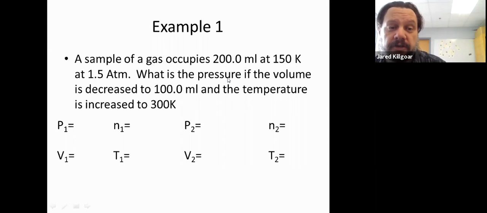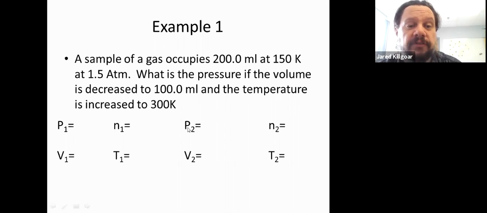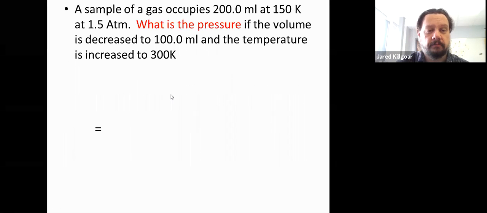I want to find a pressure if the volume is decreased to 100 milliliters, a second volume, and the temperature is increased to 300 Kelvin, a second temperature. So I'm talking about changing my initial conditions. I'm changing my initial volume from 200 milliliters to 100 milliliters, and I'm changing my initial temperature from 150 Kelvin to 300 Kelvin. So let's start to fill in some of these boxes here.